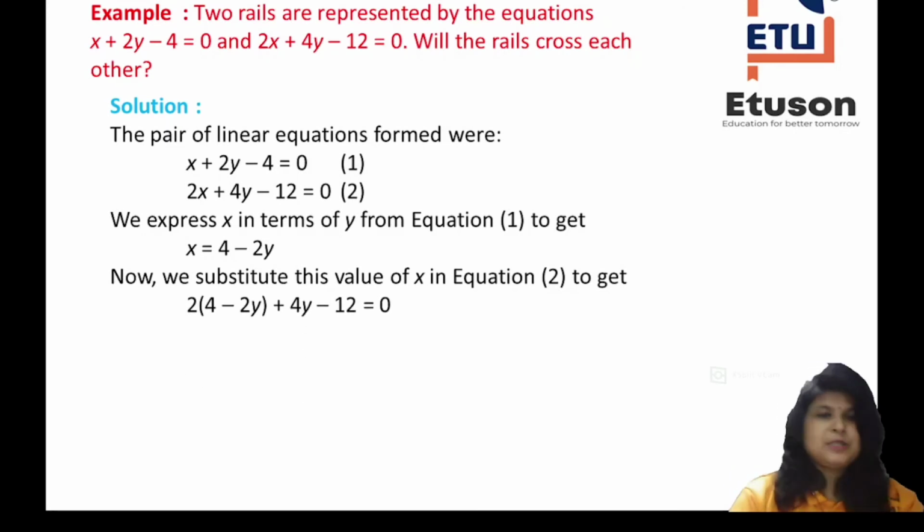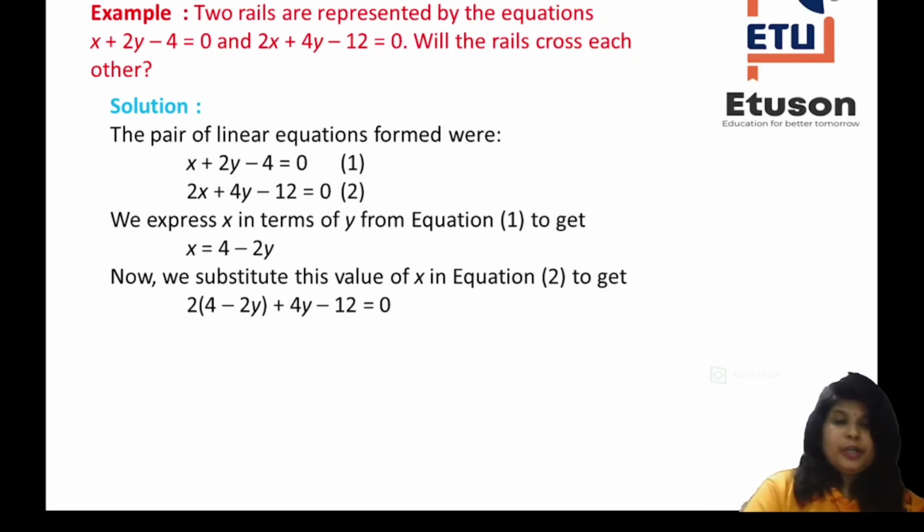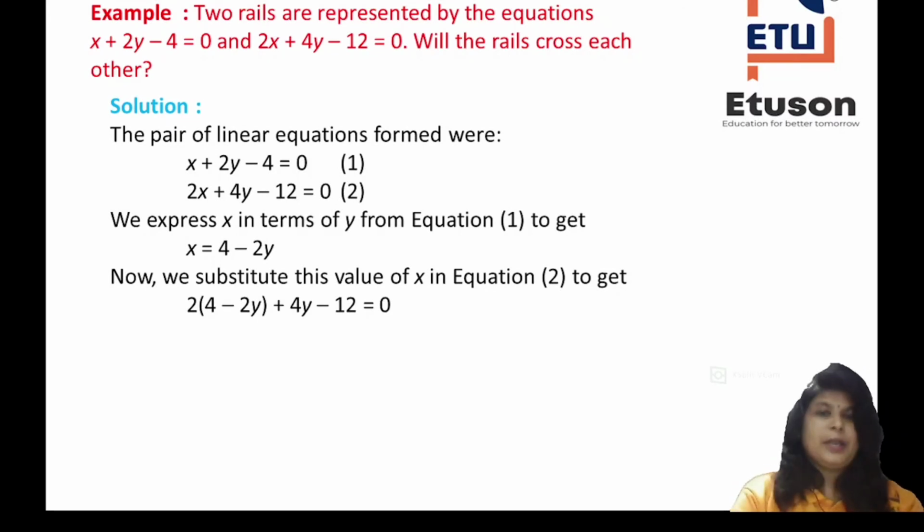So I have substituted it, that is 2 into the bracket 4 minus 2y, because x is equal to 4 minus 2y, plus 4y minus 12. Now simplify it. You will get 8 minus 12 equal to 0.